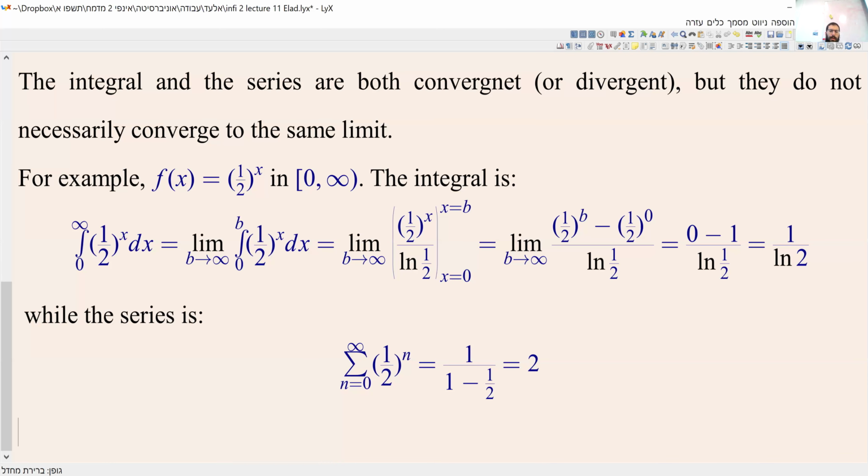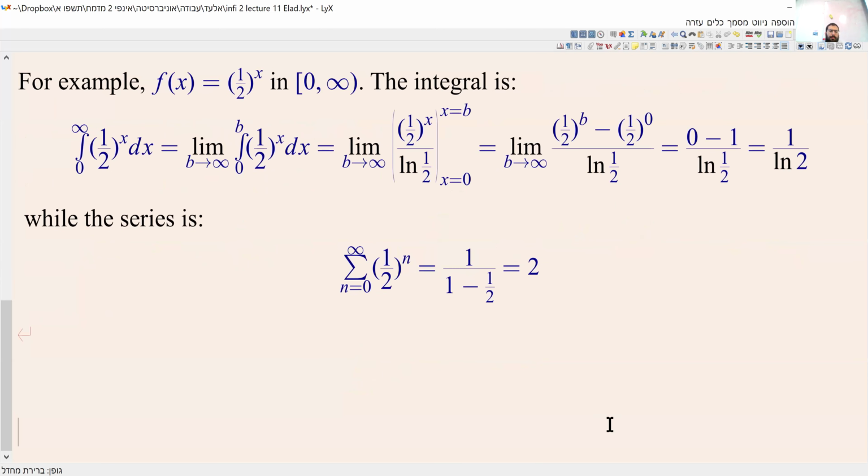So I want to investigate, explore the connection between series and integrals even more.